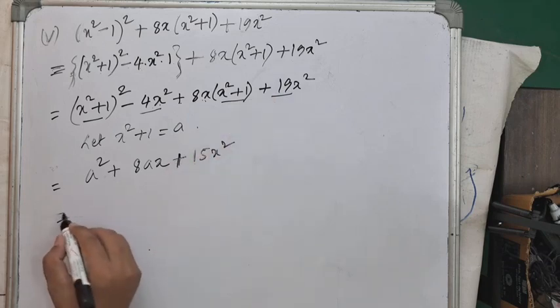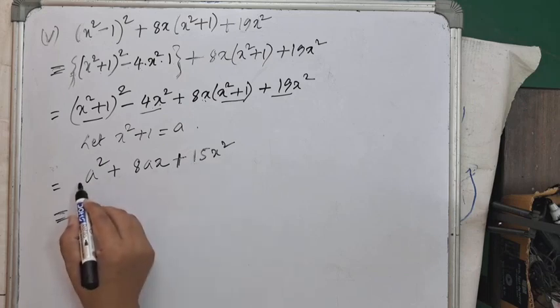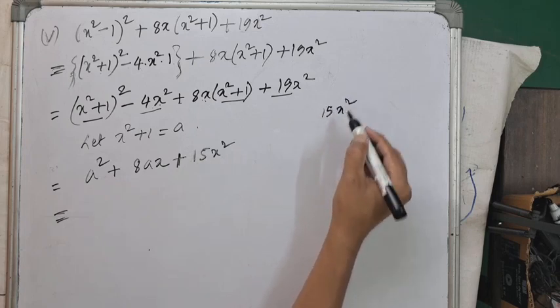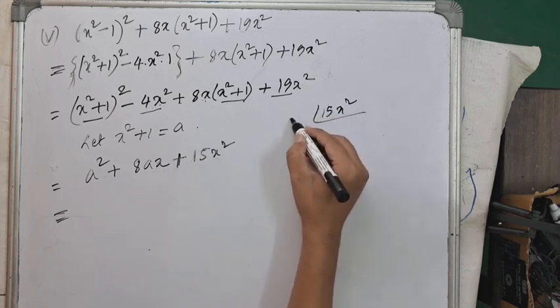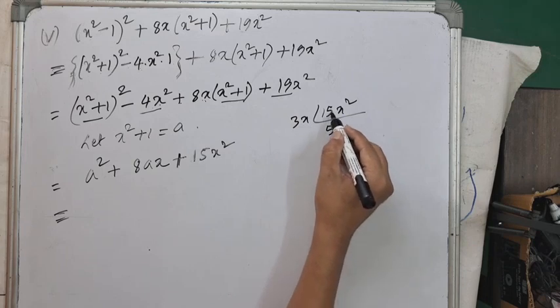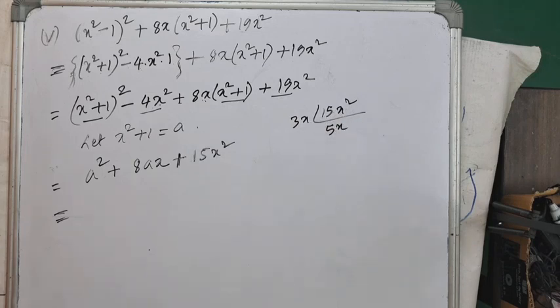Now we can proceed with middle term factorization. 15x square into 1 is 15x square. We need 8ax, which means 3x into 5x. 3x into 5x is 15x square, 3 5s are 15, x into x is x square, isn't it?